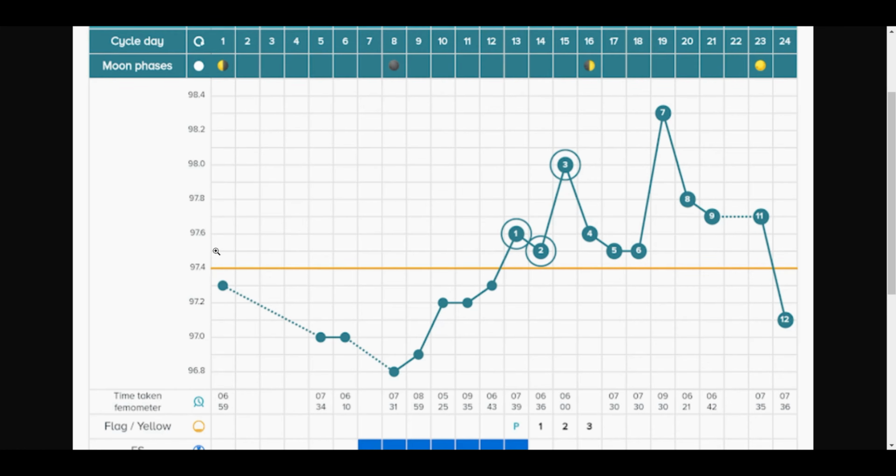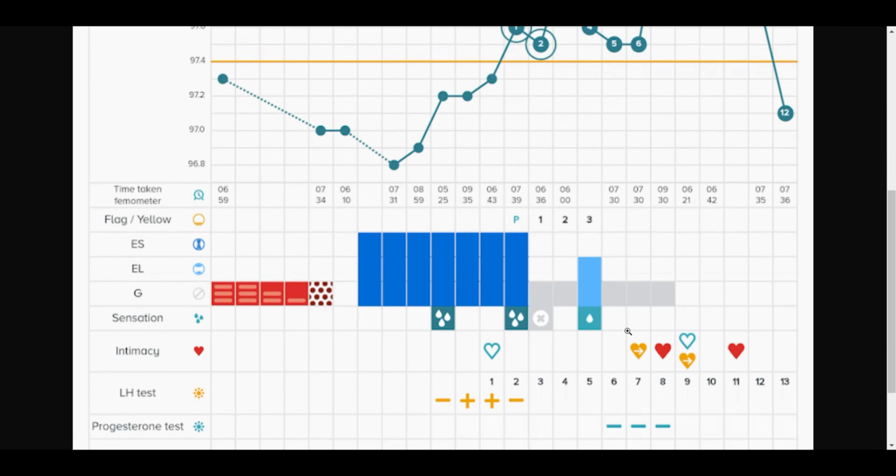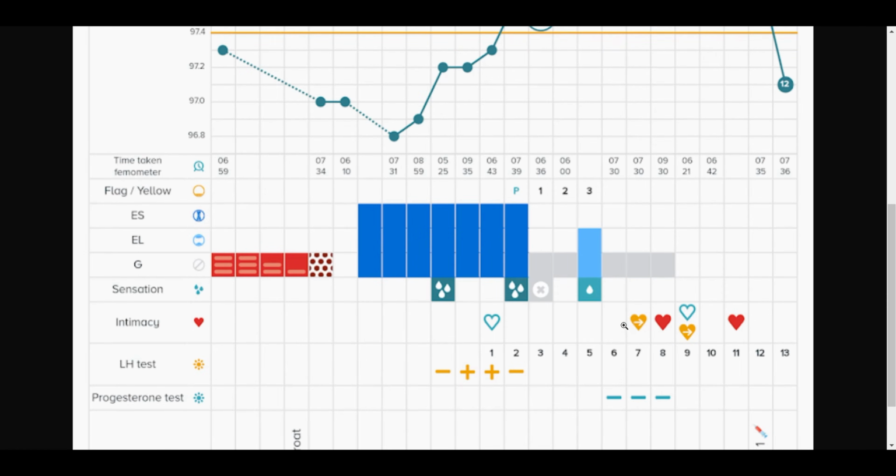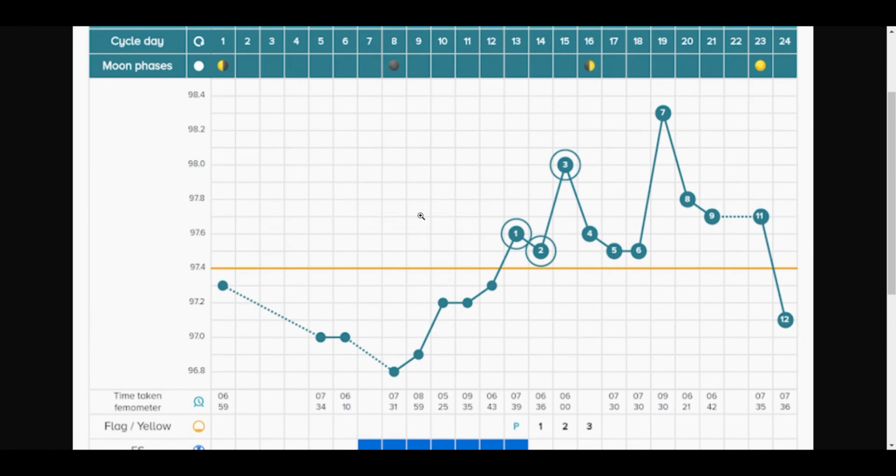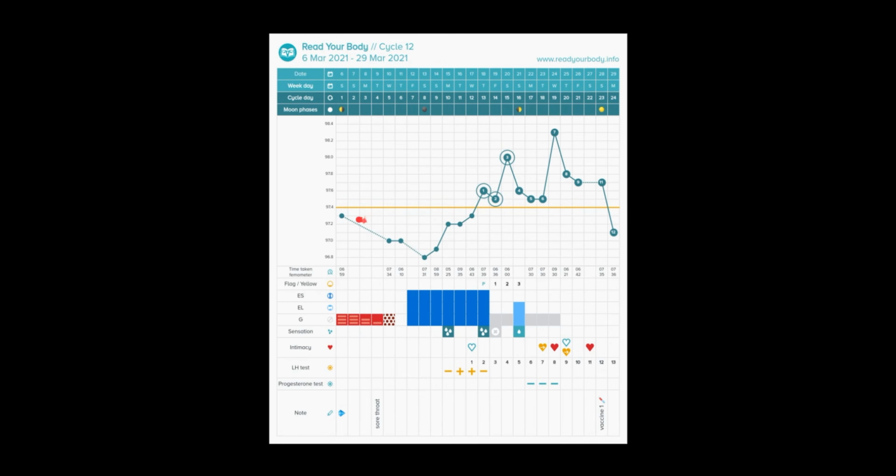So, now that we see this here, we can also scroll down a little bit further and look at these other categories. So we have the time that each temperature is taken, so let's unpack that a little more. On this chart, you're seeing these little dots and lines and how they connect.